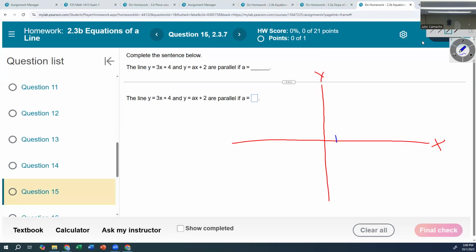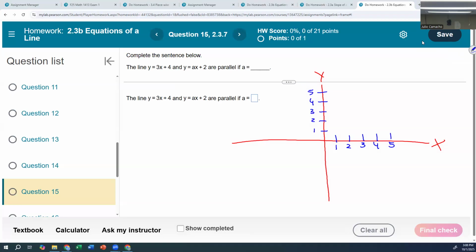You have 1, 2, 3, 4, 5. That is your 1, your 2, your 3, your 4, and your 5. And let's do the same thing here, 1, 2, 3, 4, and 5.